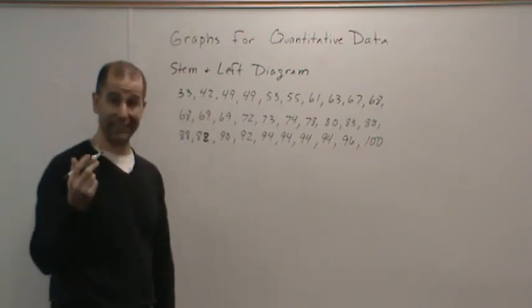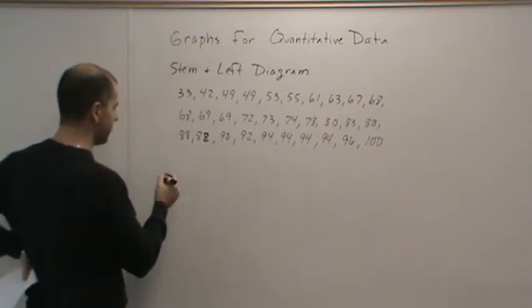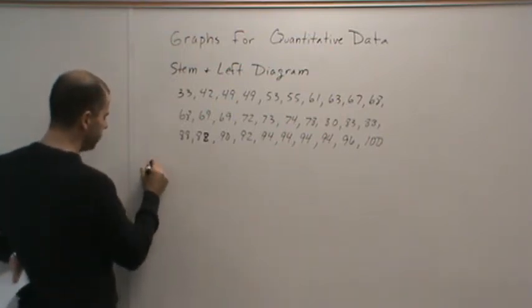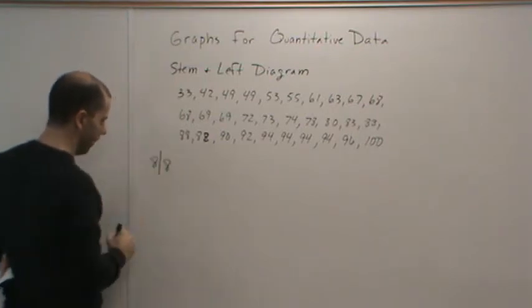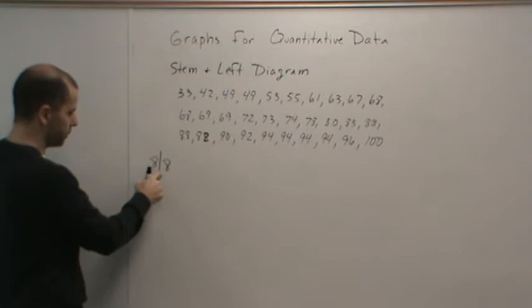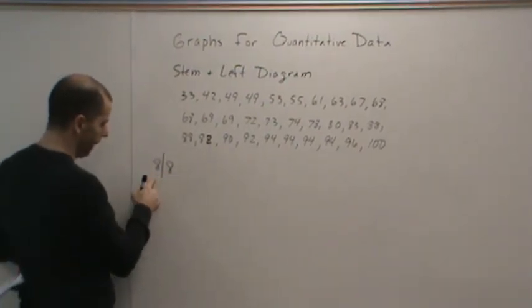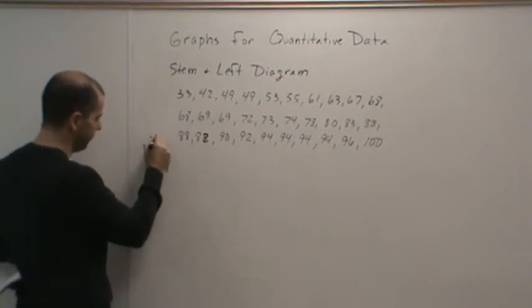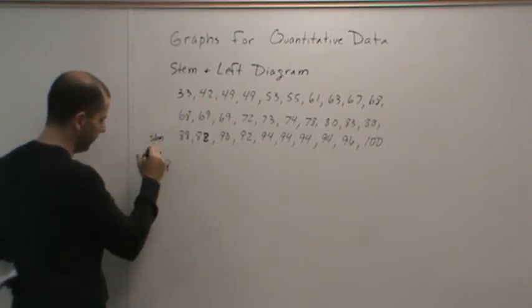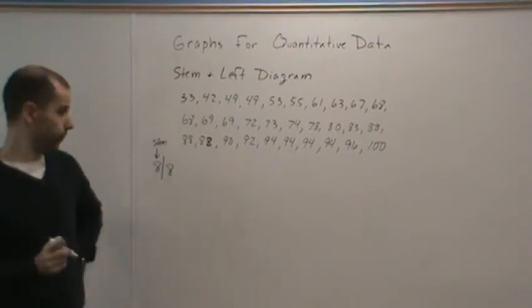Okay, so here's how you construct a key. I need to first do my key. For example, if I use 88, so here's my slash. What does this mean? The stem, right? So this is the stem. The stem represents 80.